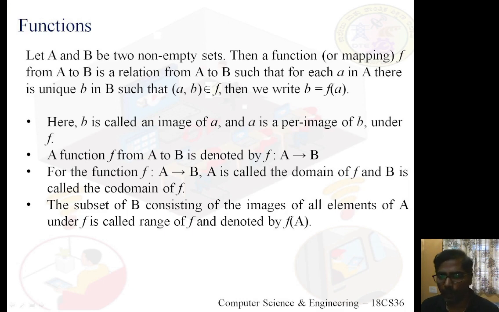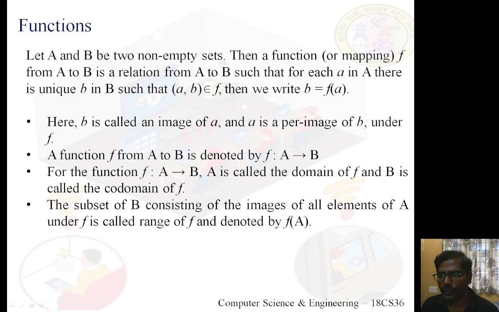Hope you got to know. So let me repeat once again. The range of function f from A to B is nothing but the set of all those elements of codomain B which appear at least once as an image under function f.